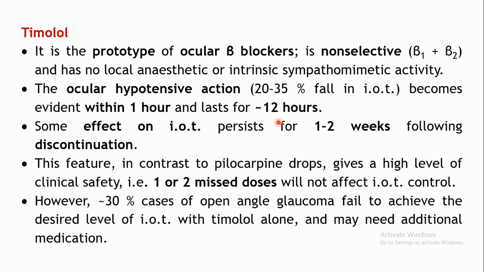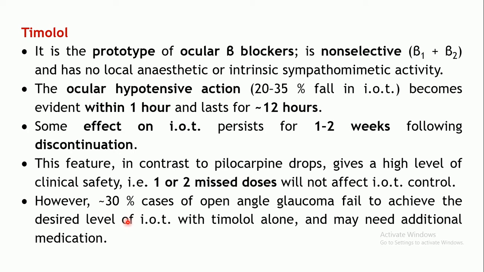Sometimes the decrease in the intraocular tension persists for a long period, even 1 to 2 weeks after the discontinuation. So this helps in better control. This feature is advantageous because even if you miss 1 or 2 doses, it's not a problem. The control of intraocular tension is not affected, unlike pilocarpine. If you miss the doses of pilocarpine, it will affect the intraocular tension control.